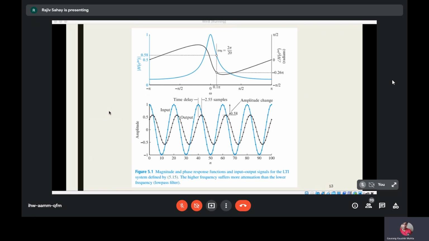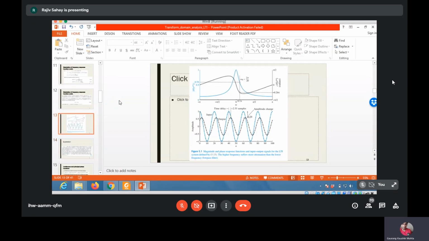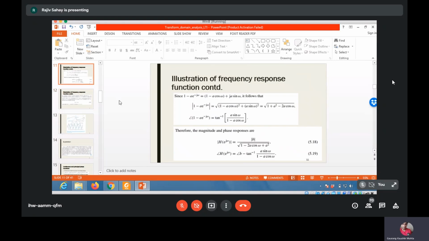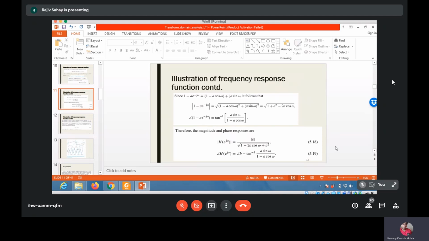So the output sinusoid is again a sinusoidal function with the same frequency, but its magnitude has been scaled by 0.58.